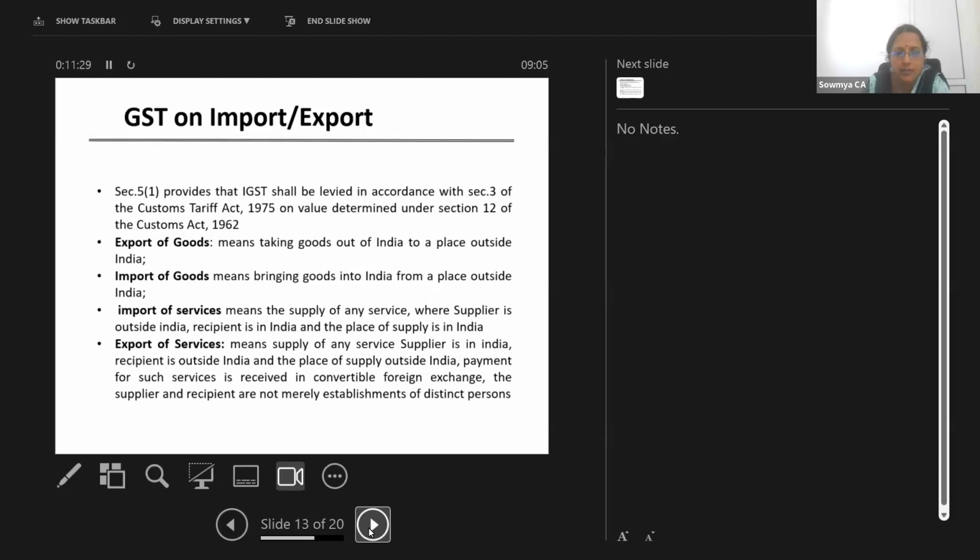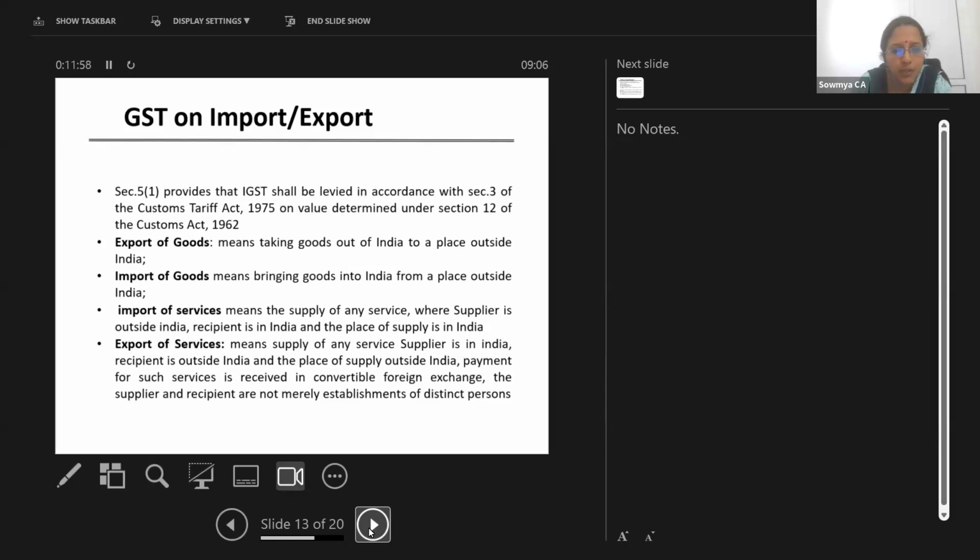Import of services means where a supplier is located outside India, the recipient is in India, and the place of supply is in India. All these are very important: the location of the supplier, the location of the recipient, and the place of supply. Place of supply is a separate list of provisions in the IGST Act, so that also has to be deliberated in detail in order to understand.